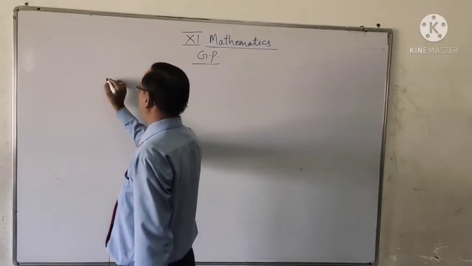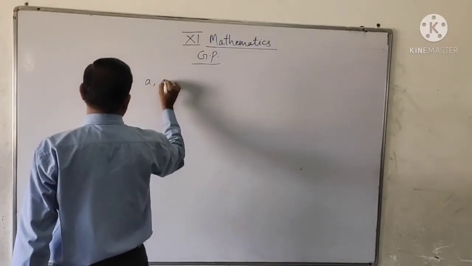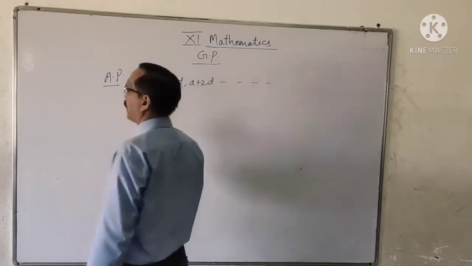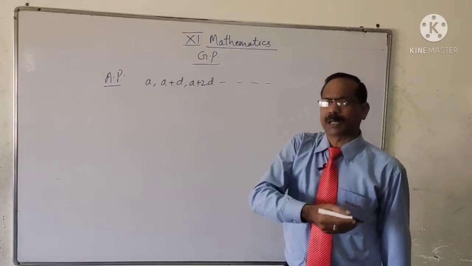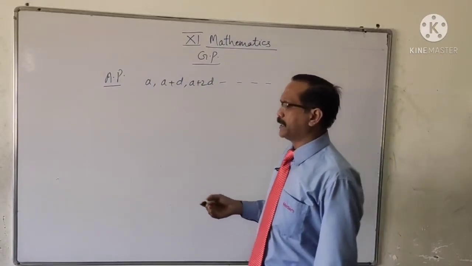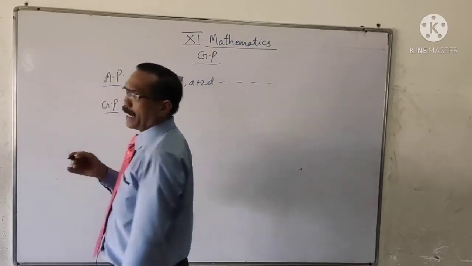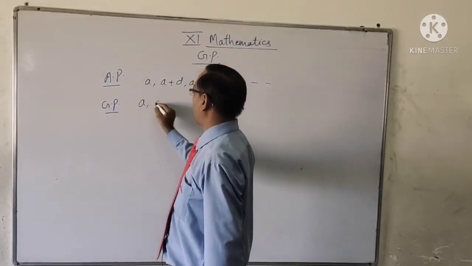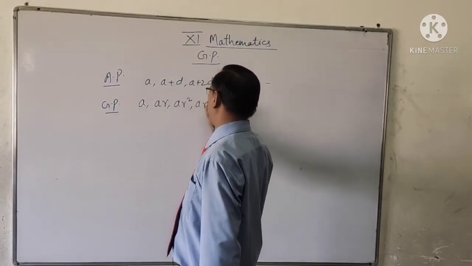Like in AP, we take a, a plus d, a plus 2d and so on, where we are adding or subtracting the common difference. Same in GP, there is a common ratio that will be multiplied with the term. Let the first term be a, then the second term will be ar, the third term ar square, the fourth term ar cube and so on.